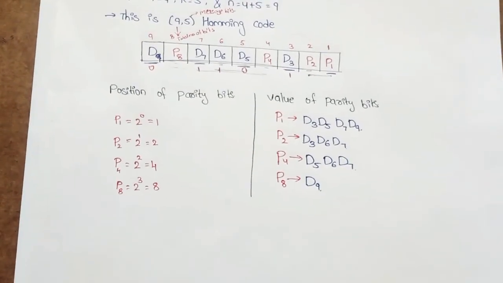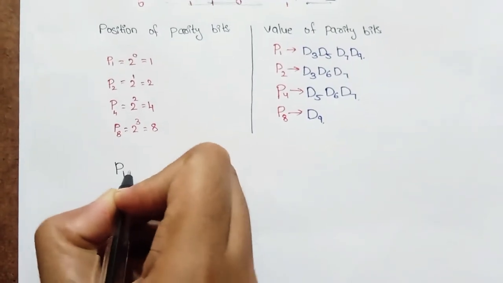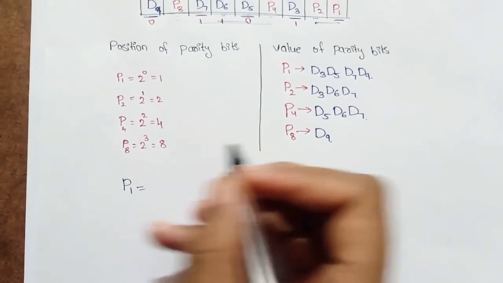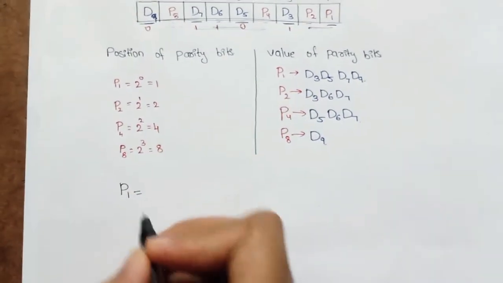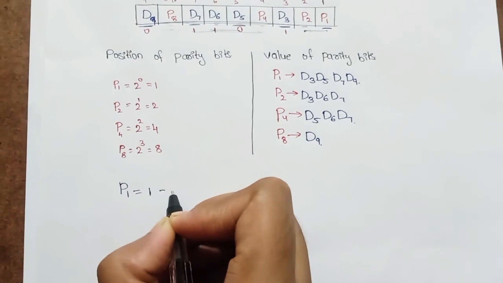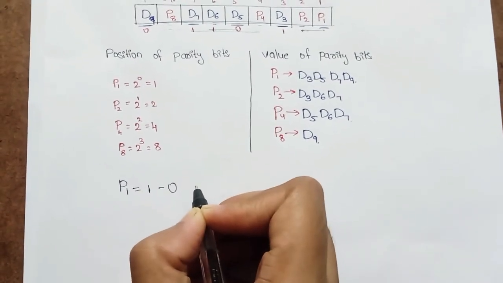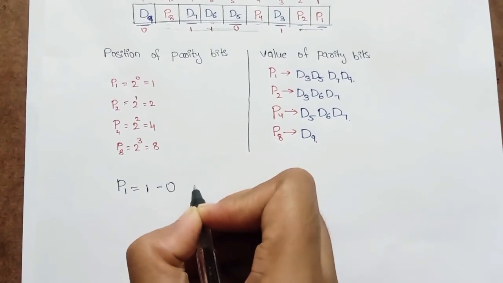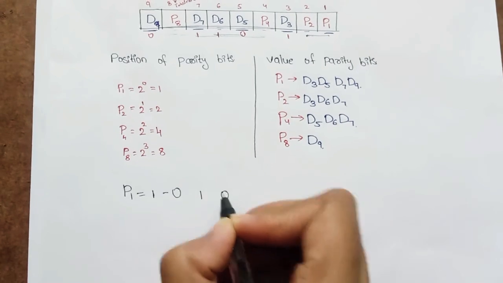P1 is equal to, what is the value of D3? 1. And the value of D5 is 0. The value of D7 is 1. And the value of D9 is 0.